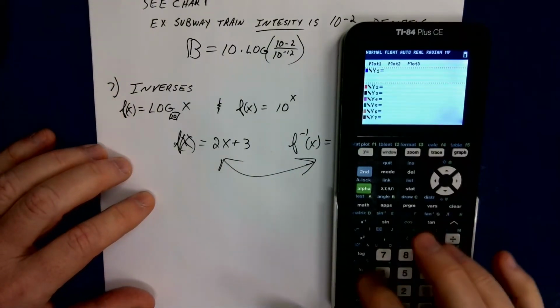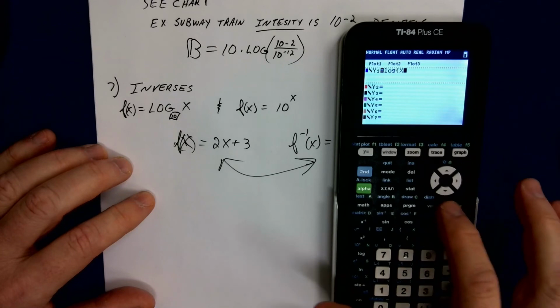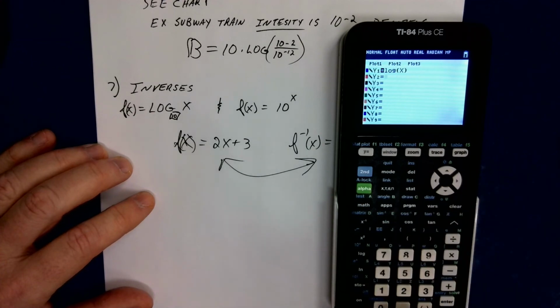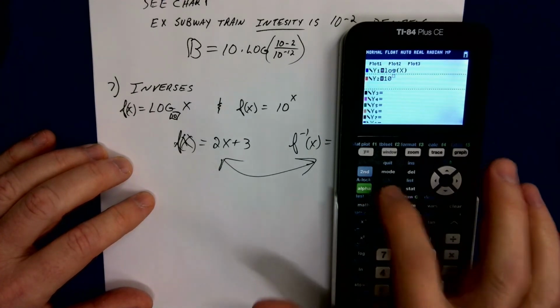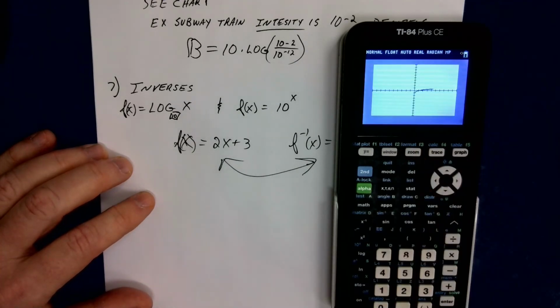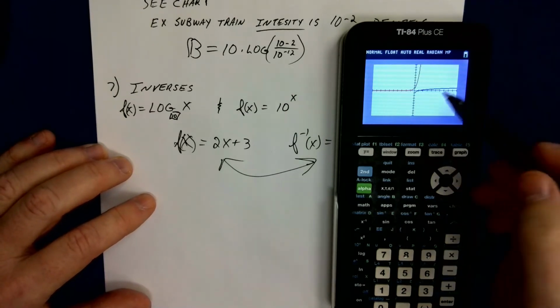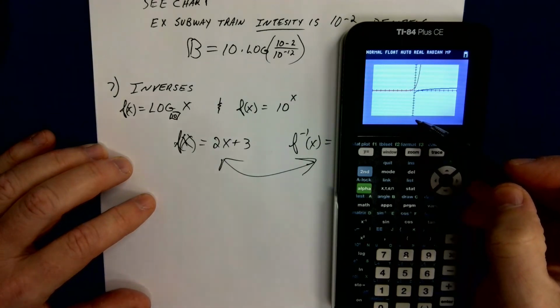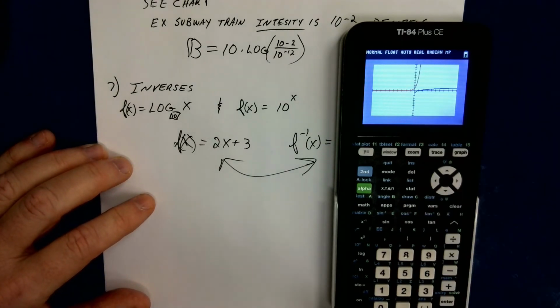So let's go log of x, remember that's base 10, unless I change the base, and 10 raised to the x, and I hit zoom 6, and you can see that those things actually are inverses. Remember, again, this blue does curve all the way down, it just doesn't know when it should put those things on.